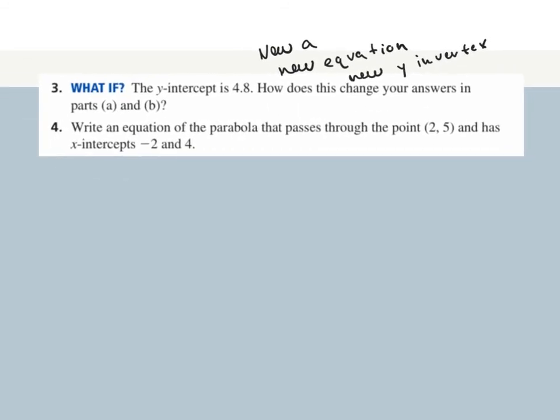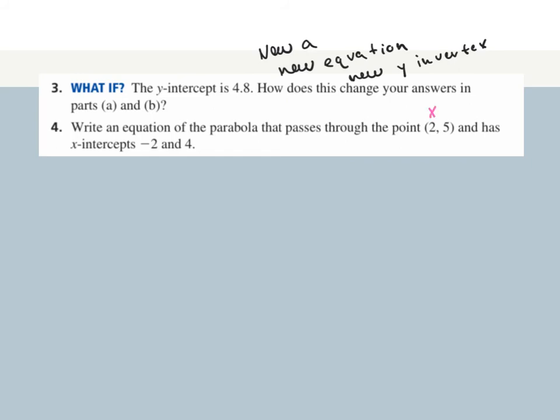All right, number 4 is much simpler than the first example. We need to write an equation of the parabola that passes through the point 2, 5, and has the x-intercepts -2 and 4. So what is our x, what's our y, what's our p, and what's our q? Starting with x, what number is our x? 2.